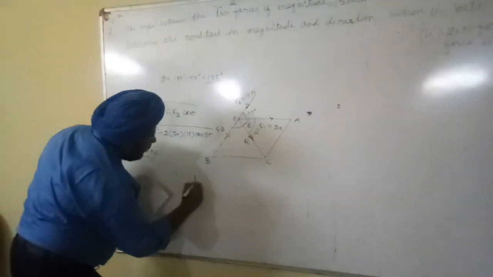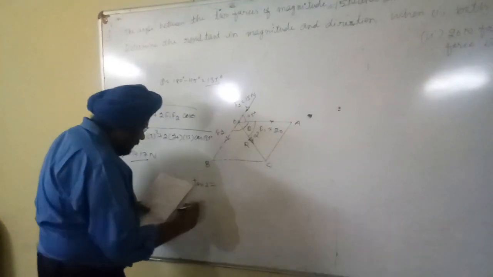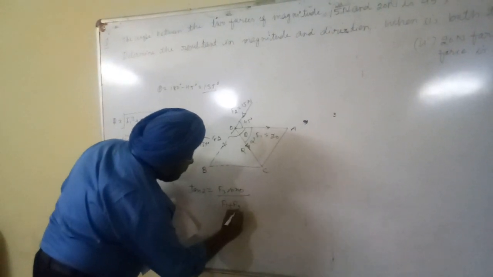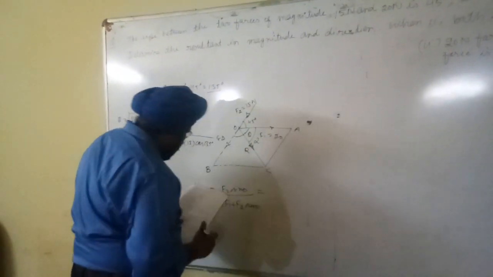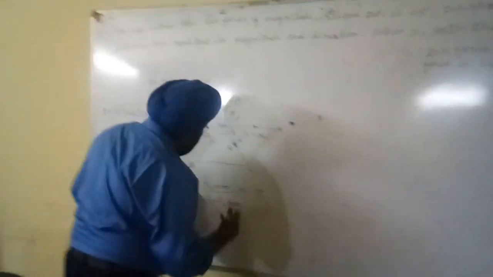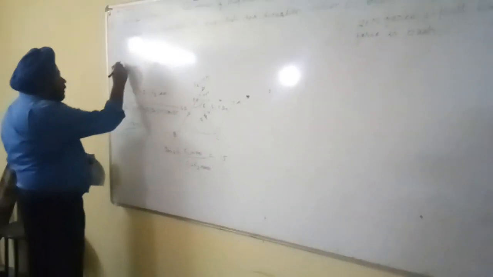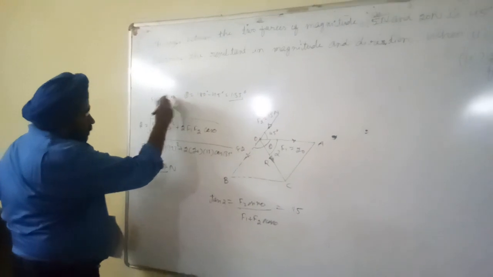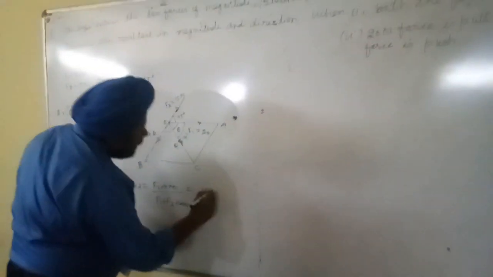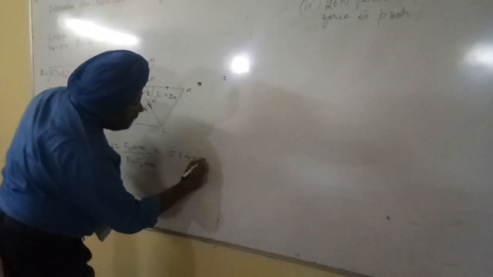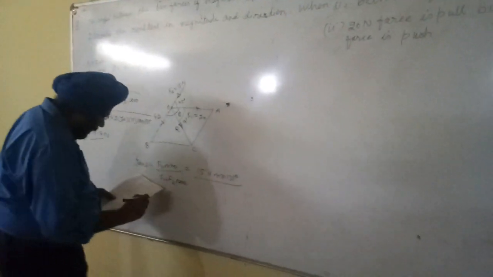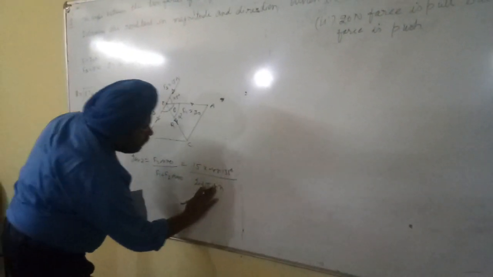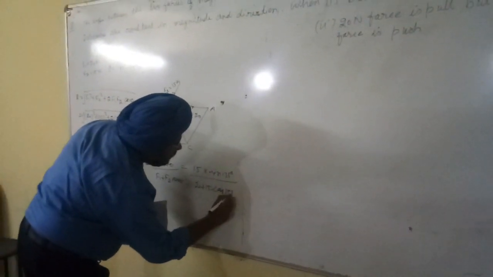And angle alpha. We know tan alpha is equal to F2 sin theta upon F1 plus F2 cos theta. F1 force is 20 Newton and F2 force is 15 Newton. So putting all these values, 15 Newton sin 135 degree upon 20 plus 15 cos 135 degree.